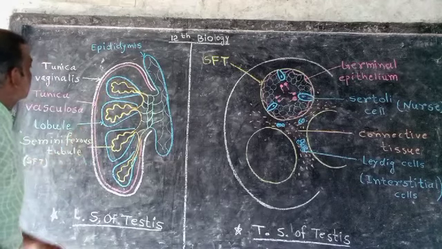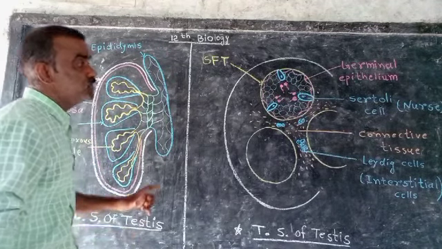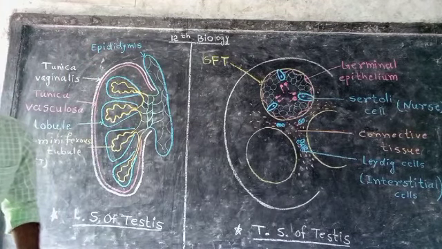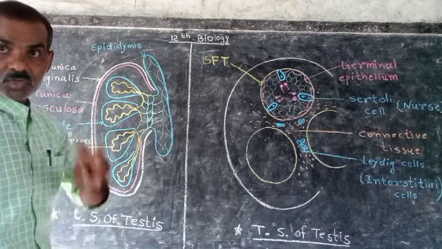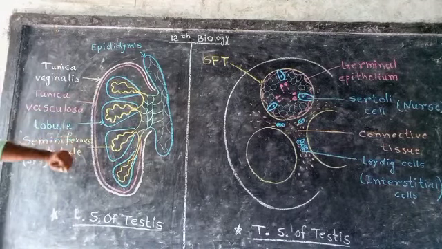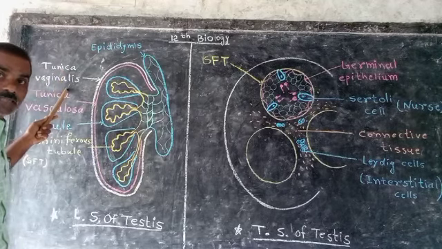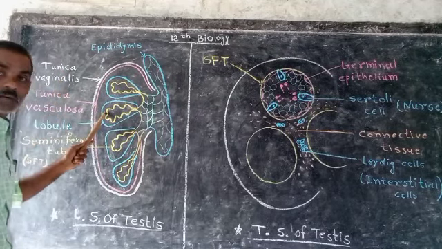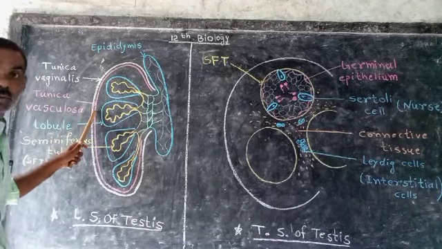It is covered by tunica albuginea. The testis is covered by tunica albuginea and made up of two membranes. The outer membrane is called tunica albuginea and the inner membrane, red in color, is tunica vasculosa.